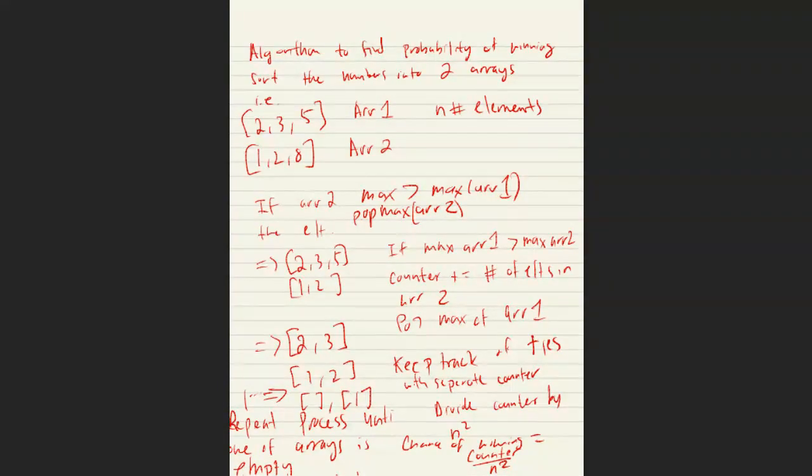So instead of counting n squared number of ordered pairs, you would only need to count n terms. But that was just something I did on my own.